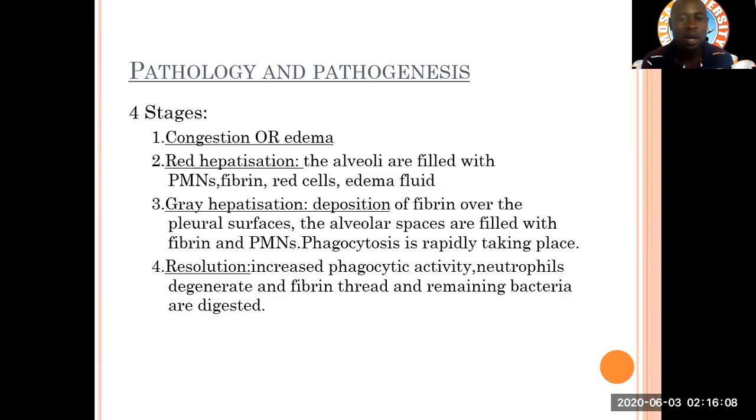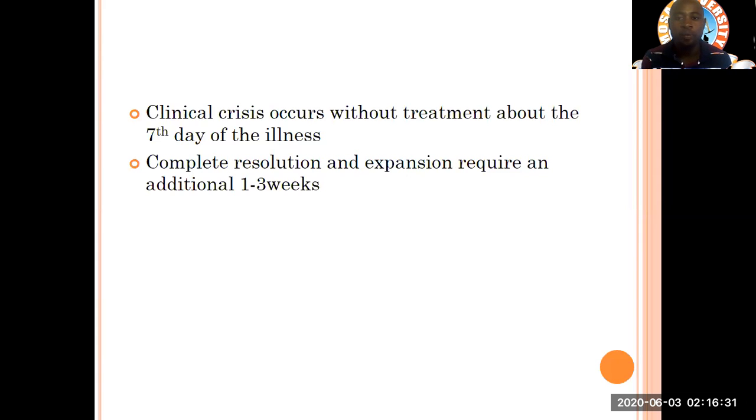The last stage now is the resolution. As a result of the increase of phagocytosis occurring in the gray hepatization, there will be increased phagocytic activity, which means there will be generation of the neutrophils, the fibrin thread, and all the remaining bacteria are now digested.